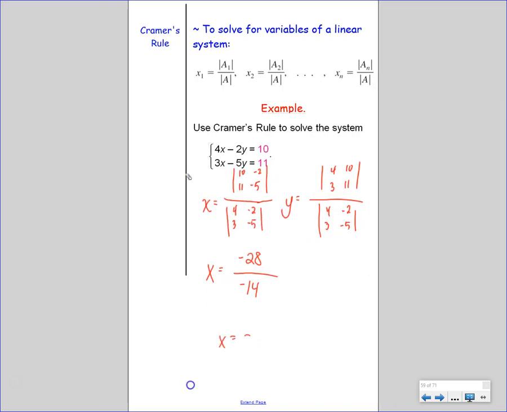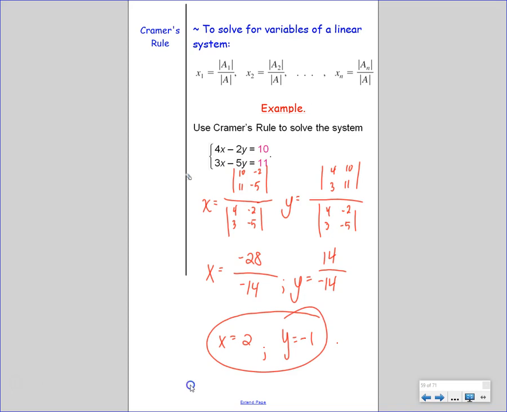If we're right, x equals 2. y equals 44 minus 30 over -20 plus 6. And y equals -1.